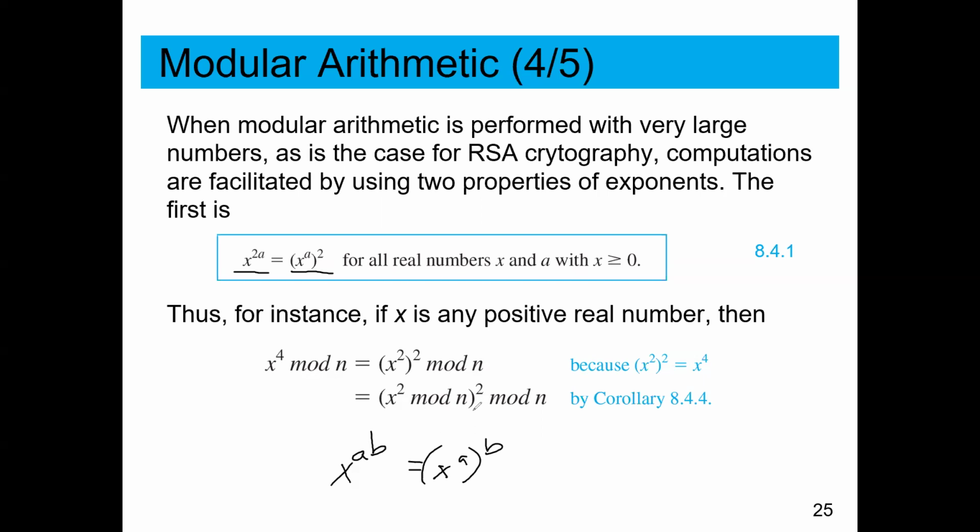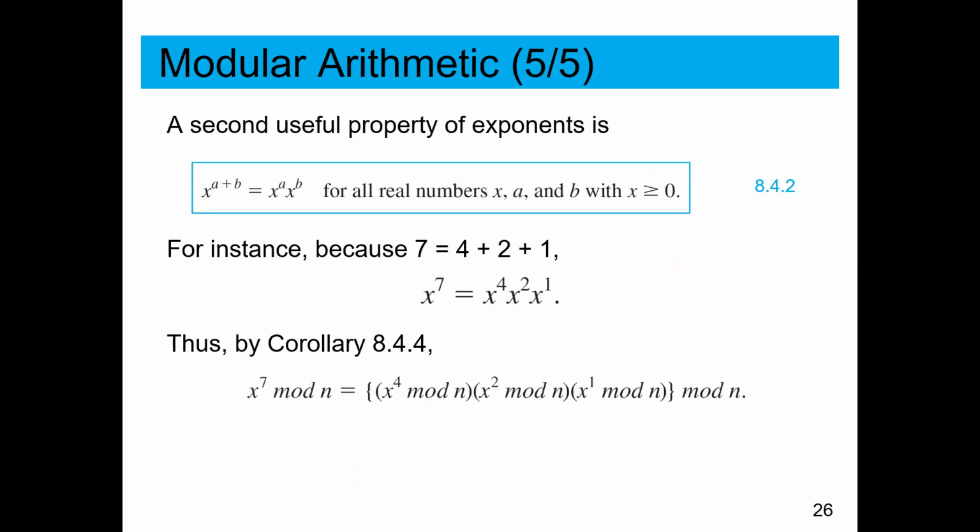So why is this useful? Well, it's because then we use another exponent rule. And yes, this is why you learned all these algebraic concepts. Now we understand why they're super useful as we go on. The other one is this. The product of these things is this. So x to the a plus b is equal to x to the a times x to the b.